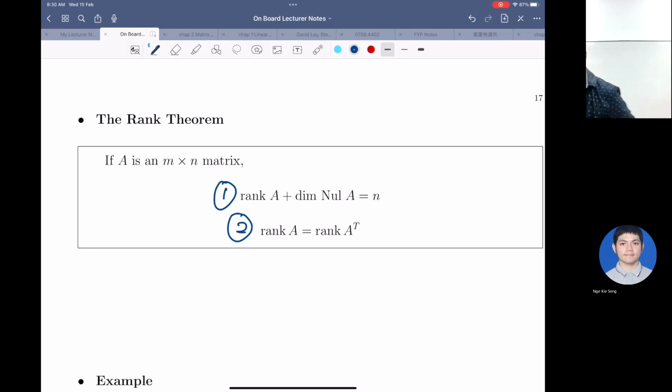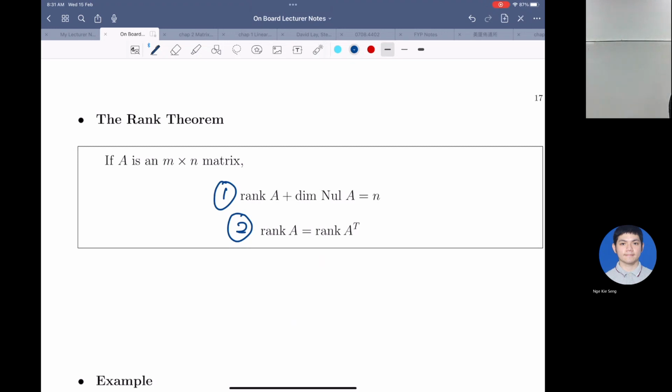So rank A plus dimension of Nul A equal to n. Okay. So let's verify this. Before you read the theorem, you should convince yourself this theorem is true first. Okay. So let's convince ourselves why rank A plus dimension of Nul A is n. So when you get a matrix, how do you find the basis?